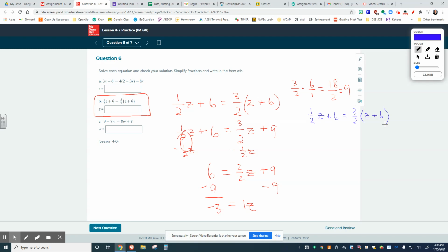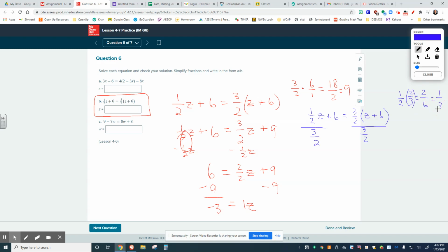So I would multiply the expression on the left by 2, the expression on the right by 2, or I could even just go in here and multiply by the reciprocal of 3/2 to get rid of it, which means I'm dividing by 3/2. So let's go ahead and go that route. Let's divide by 3/2. But over here, dividing by 3/2 means that I'm going to take 1/2 times 2/3, which is going to be equal to 2 over 6, which is equal to 1/3.